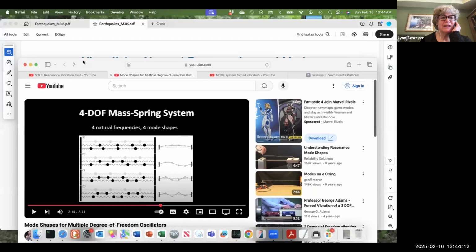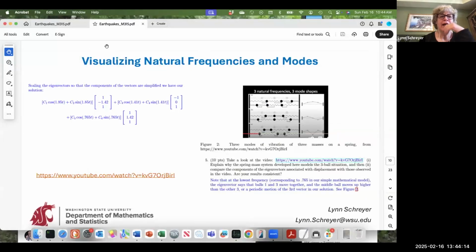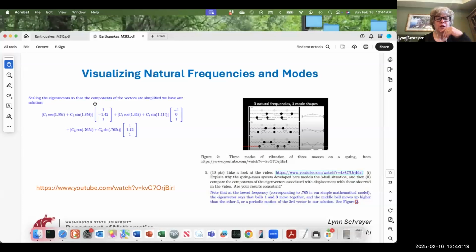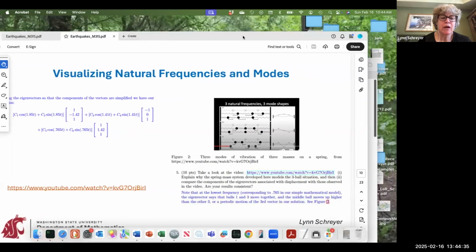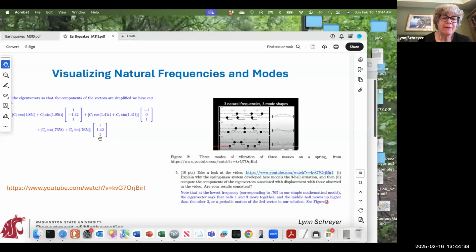Okay, so I think you get the idea here. And so then after seeing that video, we examine the natural frequencies and the mode shapes for this system. And we see for the lowest mode, which appears third here, we have the 3 degree of freedom system where they all move in the same direction, and the middle mass moves further than the outer two masses.